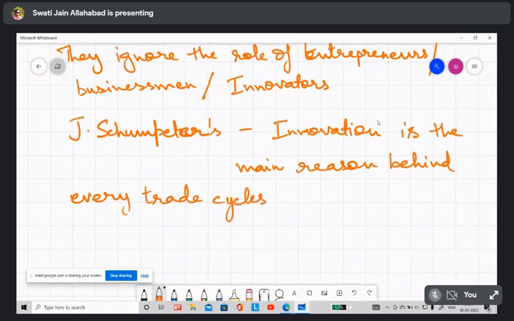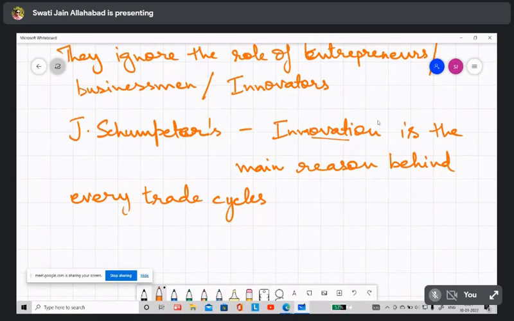Every time innovation rises, the business cycle expands. Every time there is a reduction or contraction in innovation, it will create contraction in the economic activity. So with the increase in innovation activities, innovation will create new products, will create new demand, and this new demand will lead to more economic activities.